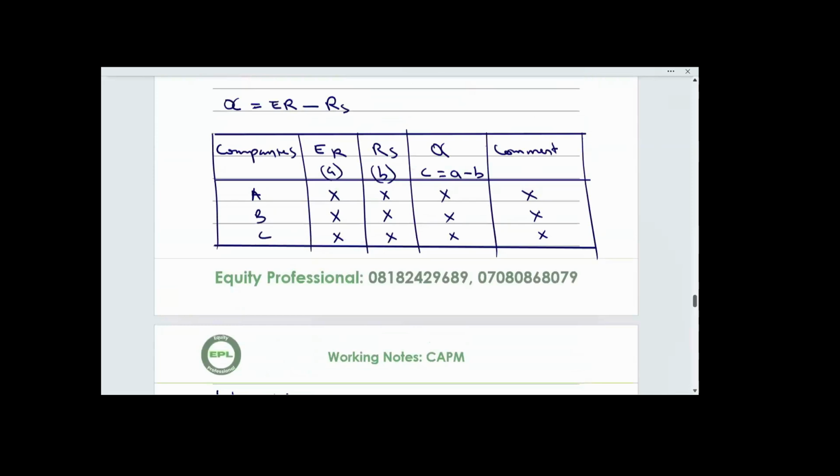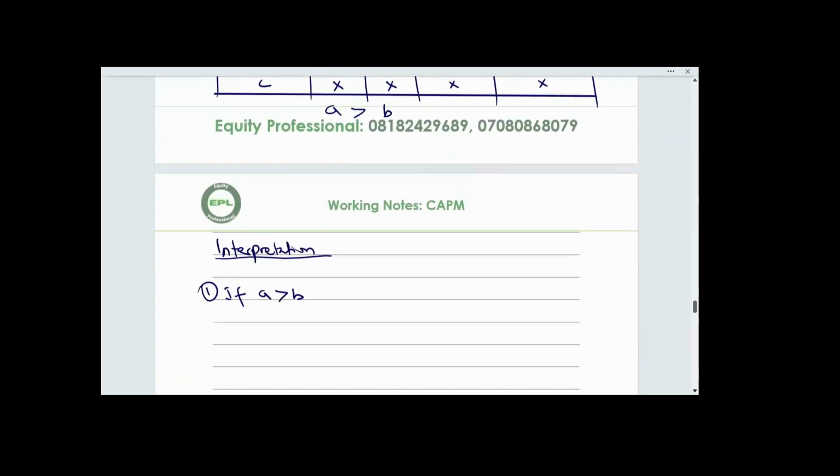Okay, this A is greater than B. The result, it means that the security is underpriced or undervalued.